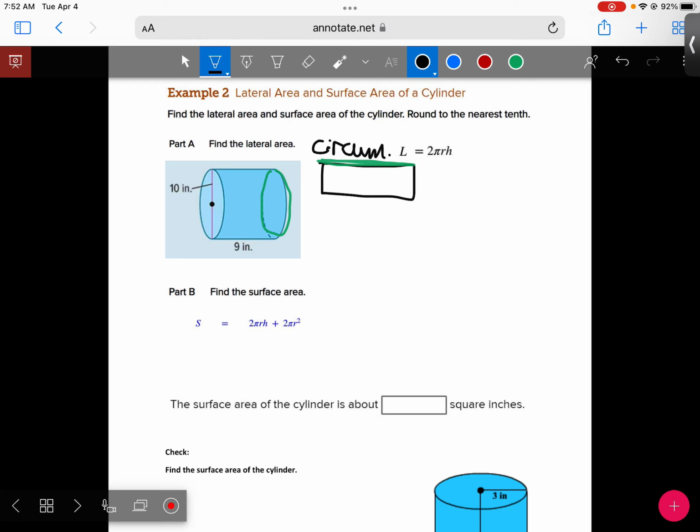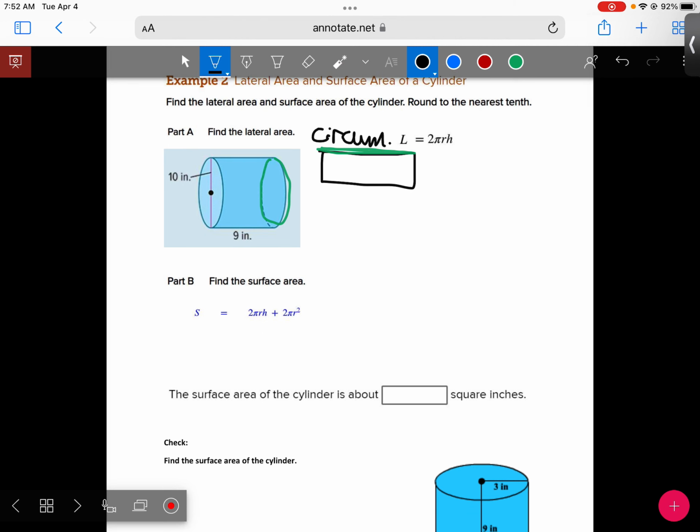Okay? So 2 pi r times the height. All right, so 2 pi r, lateral area, is 2 times pi times what is the radius of this cylinder right here?